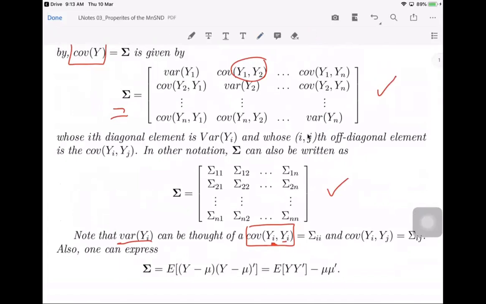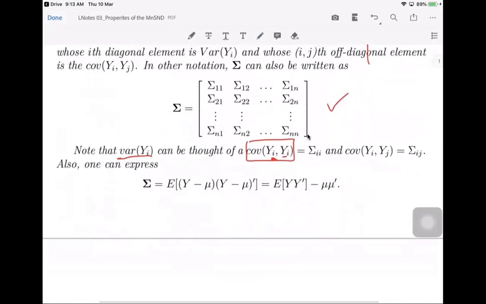The covariance of yi, yi is actually the variance of yi. In general, the variance of yi can be written as sigma ii, and otherwise, if yi is different from yj, then it is sigma ij.